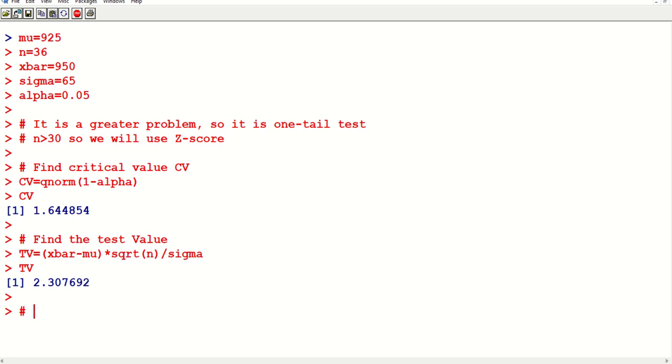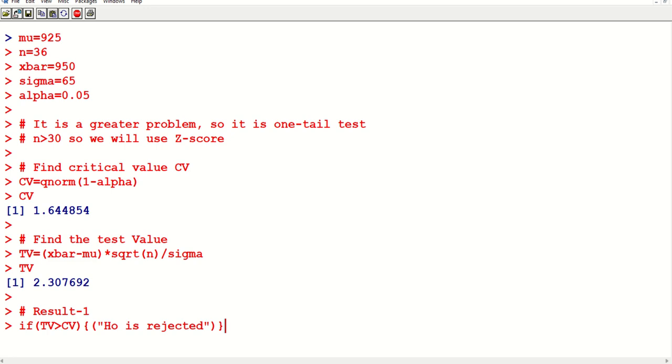Here first I am writing result 1, the comparison between the critical value and the test value. If test value is more than the critical value, what is the answer? First, you need to write the correct one. If test value is more than the critical value, the answer is H naught is rejected.